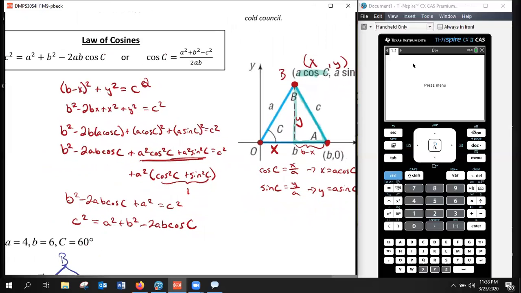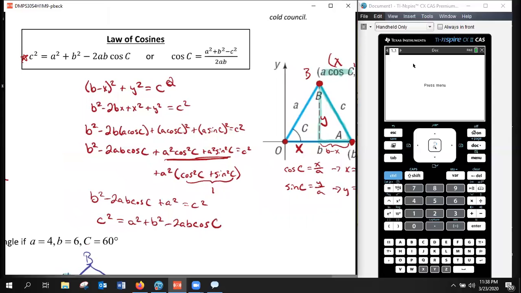Now, if you notice, we had this triangle set up very, very specifically, just so we could write it this way. A question gets asked, well, what happens if I don't want to know c squared? What happens if I want to know a squared? Now, I can go through an entire proof one more time, or I can just show the pattern.